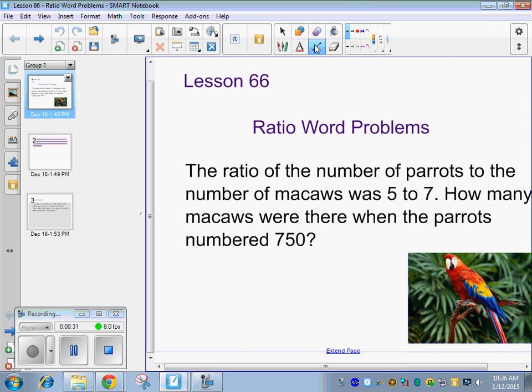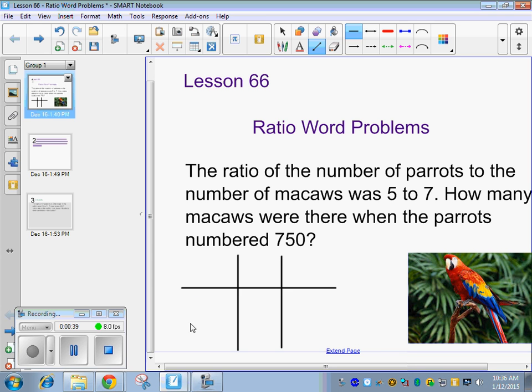So start by making a ratio box. This is going to help you organize your data. Anybody have an idea of what we could label this column right here? Riley?